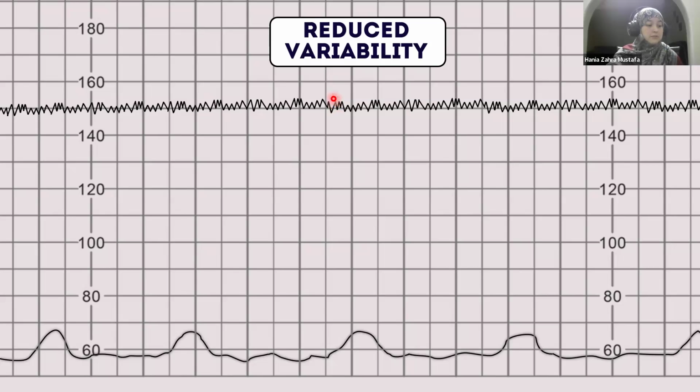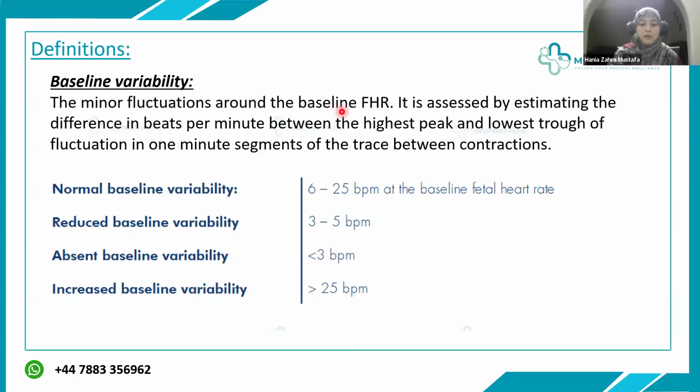For example, if there is any CNS injury of the fetus, or the mother is using any drugs, for example, any opioids, any benzodiazepines, or there is severe fetal anemia, then the baseline variability would be reduced. We will call it absent baseline variability if it is less than 3 beats per minute. And if it is more than 25 beats per minute, then we will call it increased baseline variability.